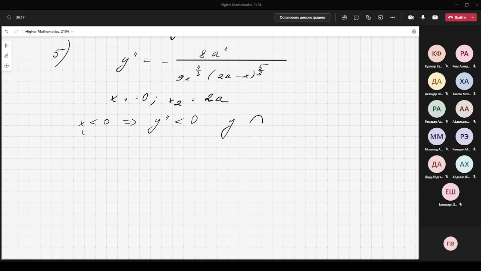For x greater than 0, the second derivative is less than 0 and the curve is convex up.